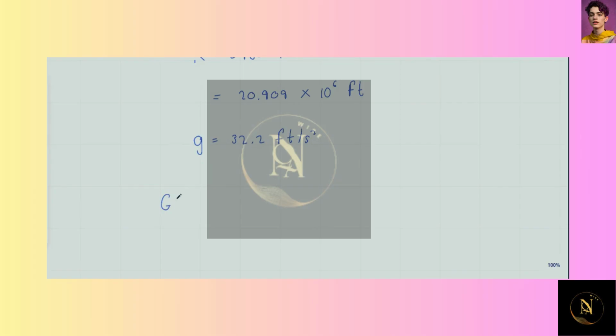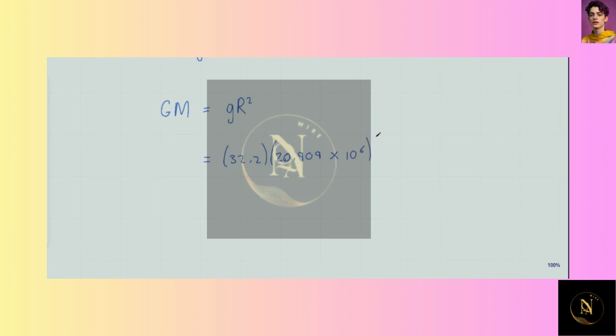And GM is equal to the acceleration due to gravity, g, times the radius of Earth squared, R squared. And so this is equal to 32.2 times 20.909 times 10 to the 6, squared.